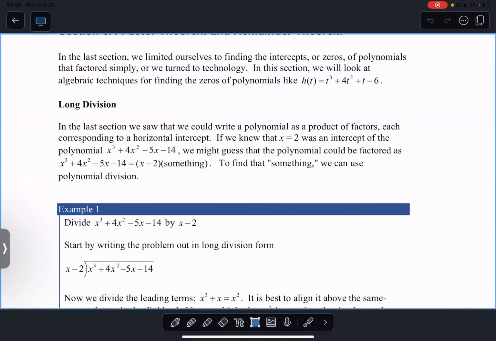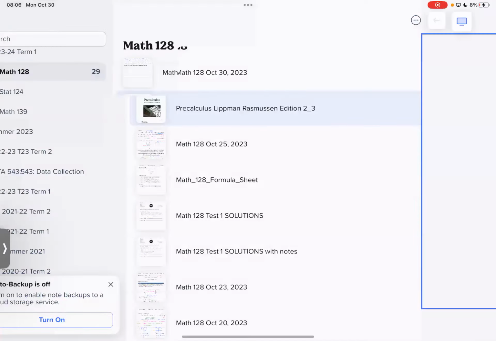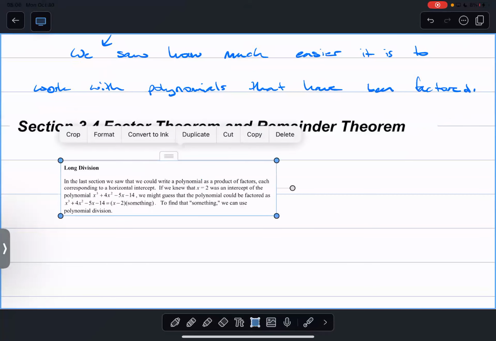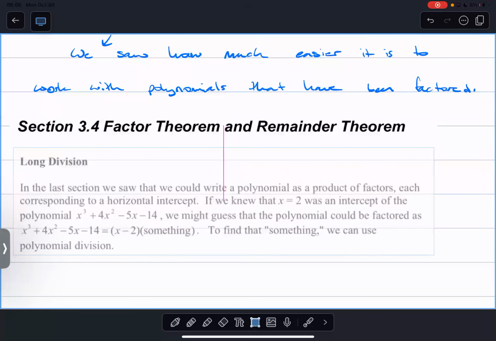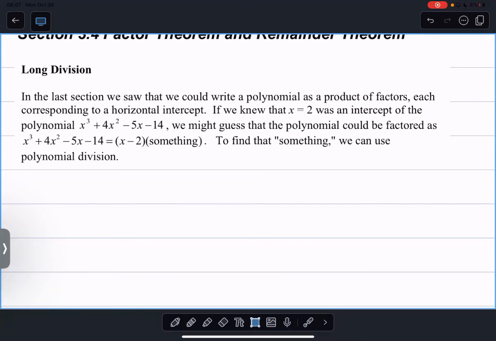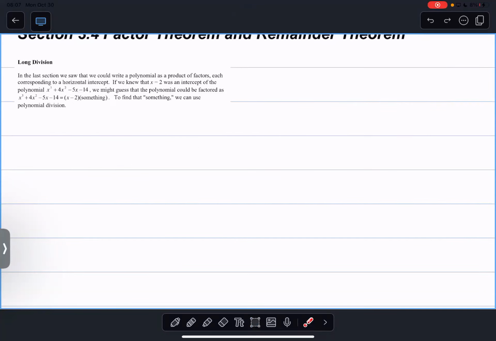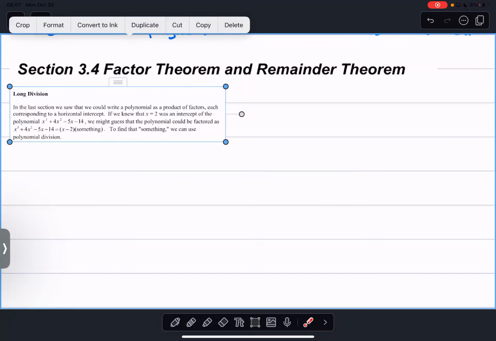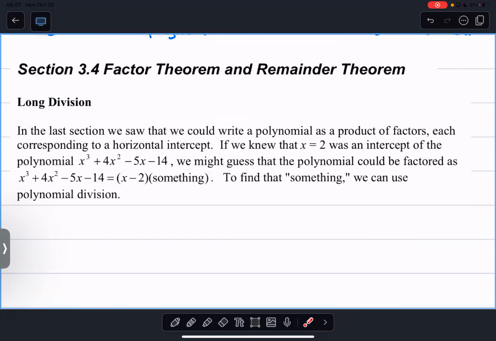Copy. Let's see here. So just stealing from the textbook because I don't want to write. Oh my gosh, what a day. It's shaping up to be there.